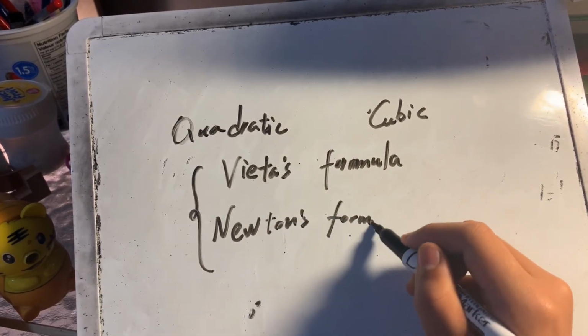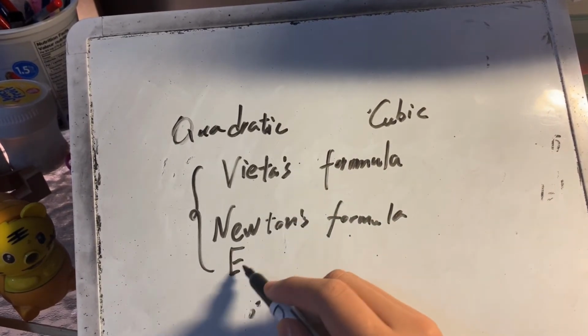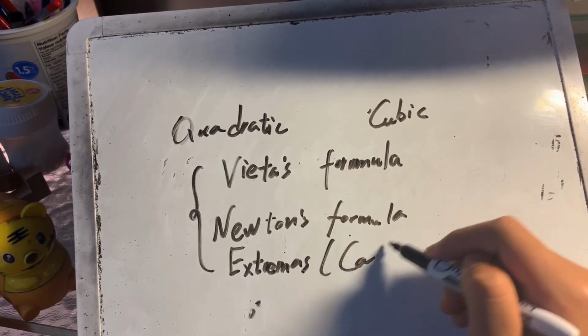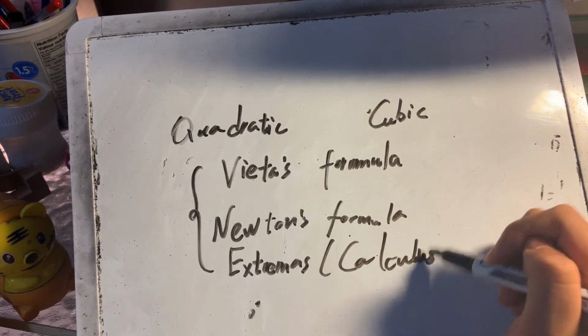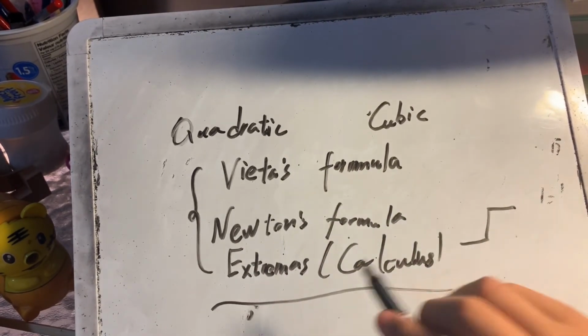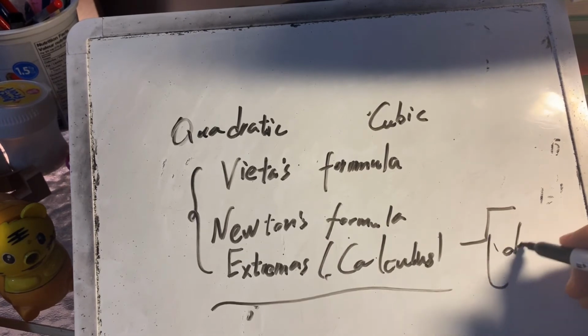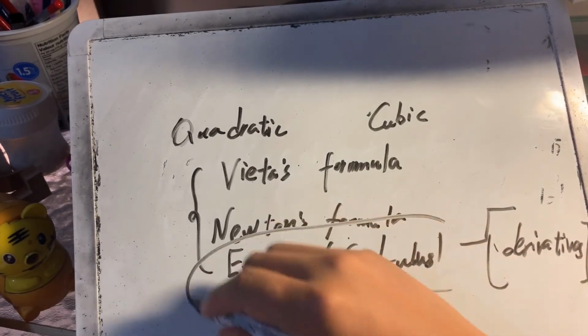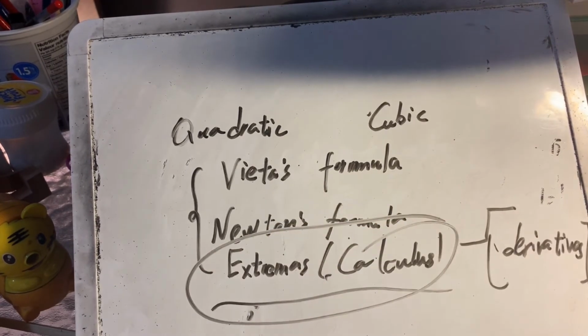And the third is about extrema. It is a calculus thing. Why do we need it? Because it will be easier for you to solve some of the problems. To use this, you need to know derivatives. To know derivatives, you need to know limits. So this means if you want to understand this, you have to learn the first 4 chapters of calculus.